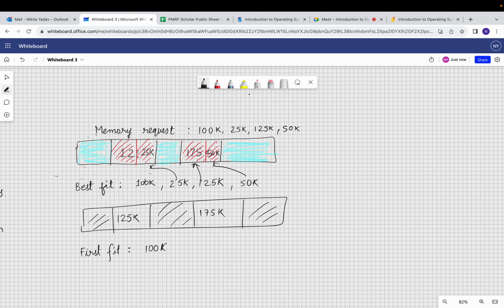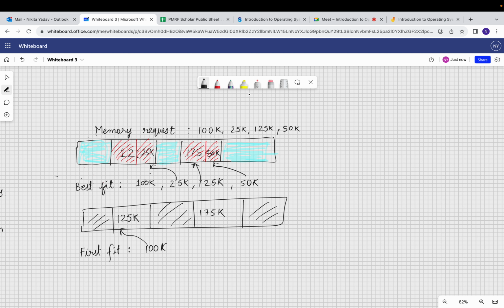It could have been made more clear in the question, but I think it's fine. So I'm going to scan from the left-hand side, and the first free chunk you find whose size is greater than or equal to the requested chunk size, there you store the chunk.